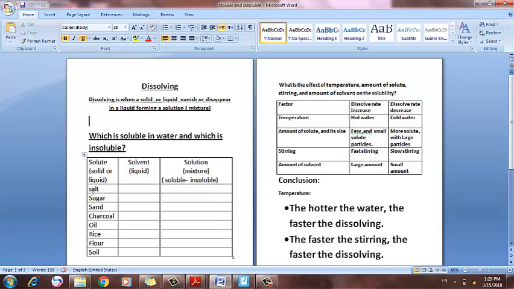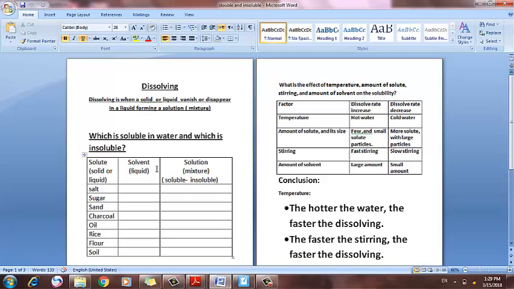Then add 1 teaspoon of salt to a cup of water, salt solute to a cup of water solvent, and try to stir it, mix it. Salt will completely dissolve in water, will vanish, will disappear. That means salt is soluble in water. It just dissolves, giving us a soluble solution.